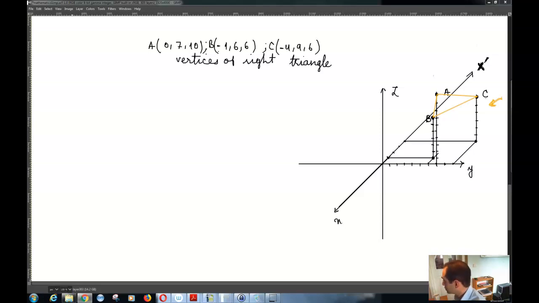Let me delete these points. Alright, this is 0, 7, 10. So 1, 6, -1, 6, 6, and negative 4 comma 9 comma 6.